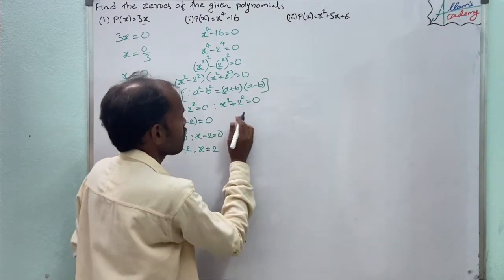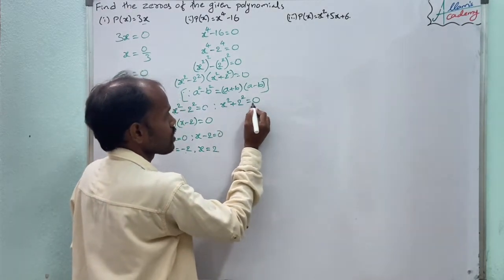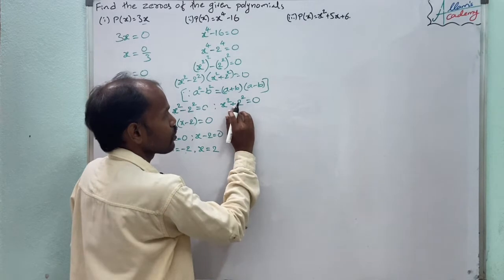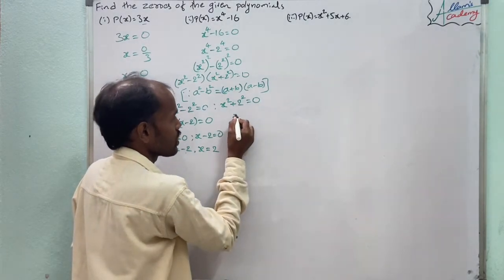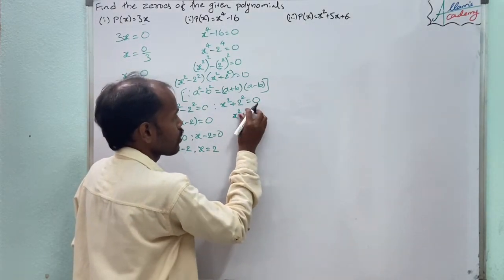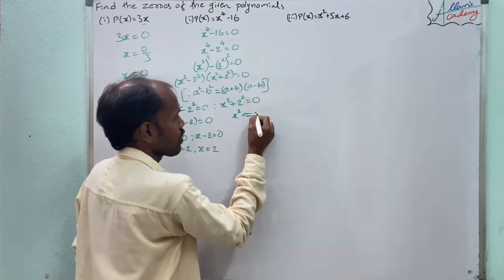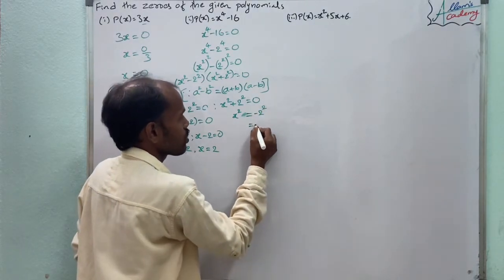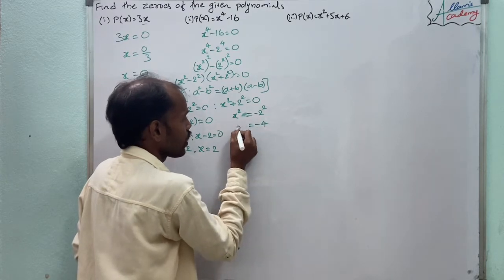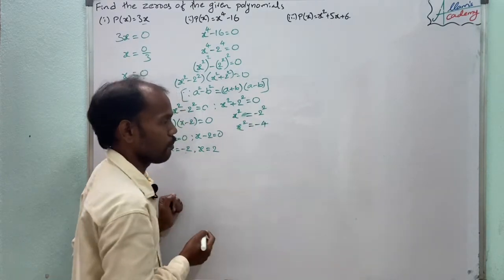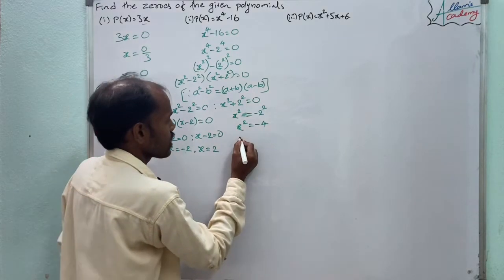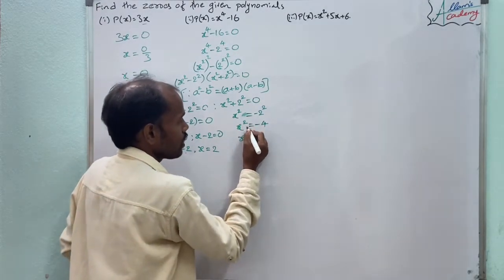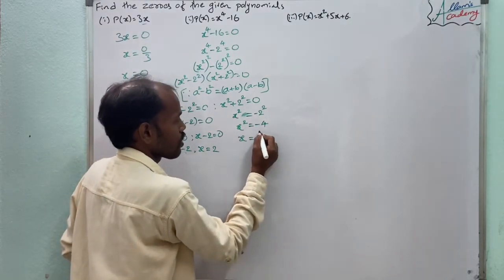Now observe x square plus 2 square equals 0. This plus 2 square transferred to this side becomes minus 2 square. So x square equals 0 minus 2 square, that is minus 2 square, and minus 2 square equals 4. So x square equals minus 4. Now to cancel the square we take the square root.